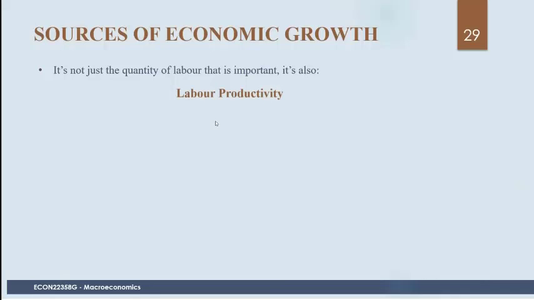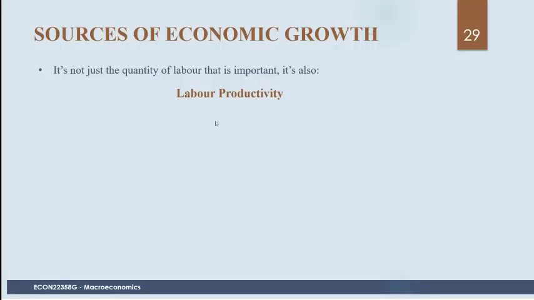Back 150 years ago, you needed a much, much larger proportion of the population working in agriculture just so we had enough food. And still in some countries, even in China, not that long ago, roughly 40 years ago, there was a famine, right? So labor productivity is extremely important, and it improves because of technological advances.